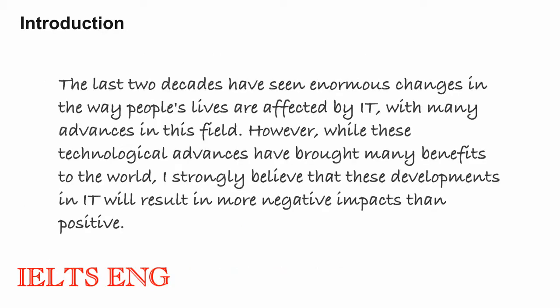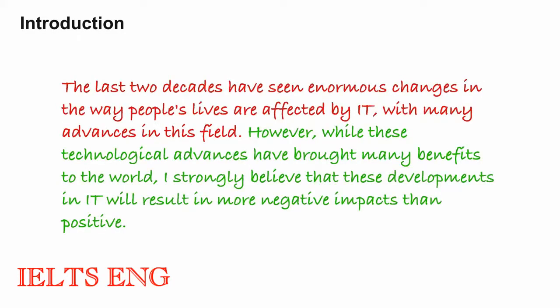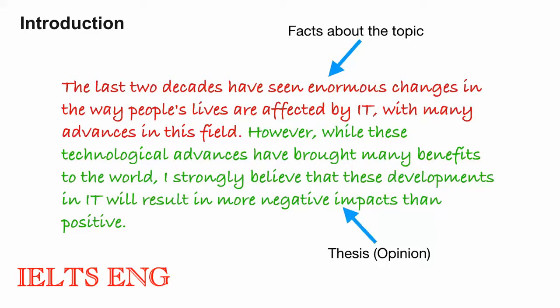So here's an example of an introduction. So you can see, first of all, some facts about the topic have been given. And what the writer has done is paraphrase this from the question. So you can't copy the question, but you can use information from that to write your first sentence. And then we have a thesis, which says what the essay is going to be about.